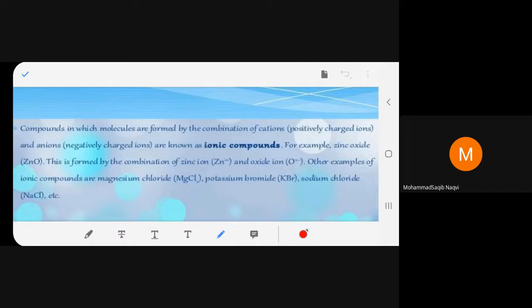So what we get? We get Zn2+ and O2-. Is it clear? So this gets cancelled and it becomes ZnO, electrically neutral. This is how we get it. Is it clear?